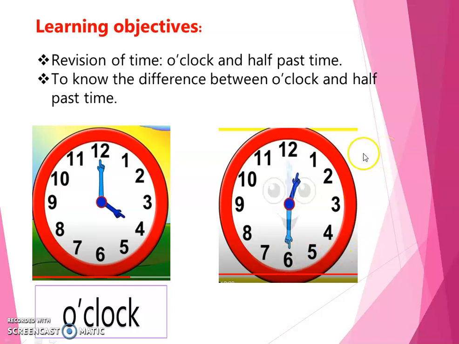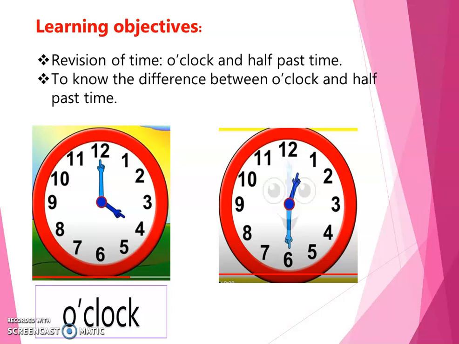So, every number represents 5 minutes. So, we have 5, 10, 15, 20, 25, 30. So, if the long hand is on 6, meaning to say it's already 30 minutes.